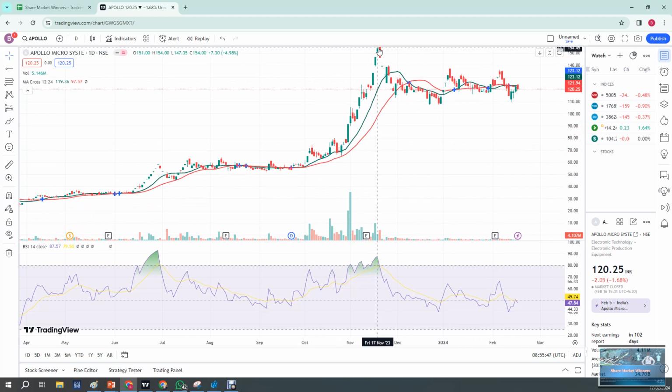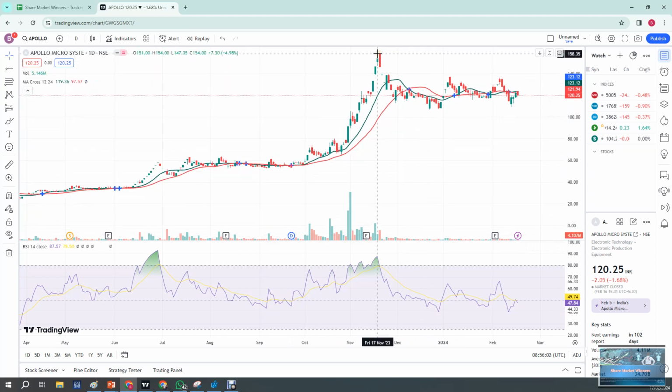So it has given an indication the price is going to move in the downward direction. At this point, if you would have bought it at 56 rupees, the price has gone up to 158, and it has given an indication that it is in the overbought zone. So that will give you an indication to exit the position.